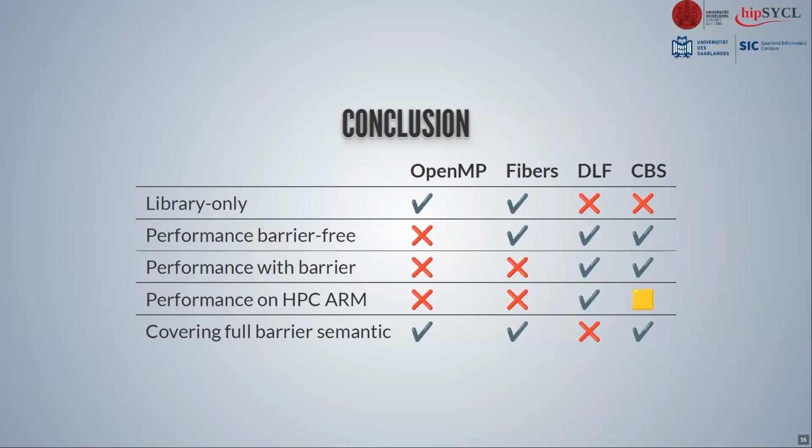If you want performance with barriers involved, library-only implementations probably won't do it, so you will probably want to use some kind of compiler approach. On the HPC ARM CPUs, deep loop vision kind of outperforms CBS, but as I said, deep loop vision is not quite able to cover the full barrier semantics. So my personal recommendation is to use continuation-based synchronization in most cases.